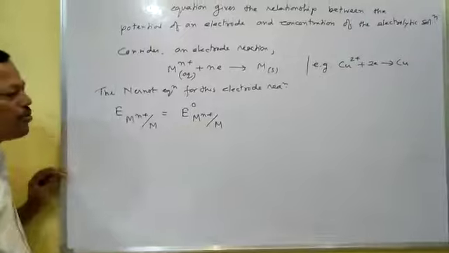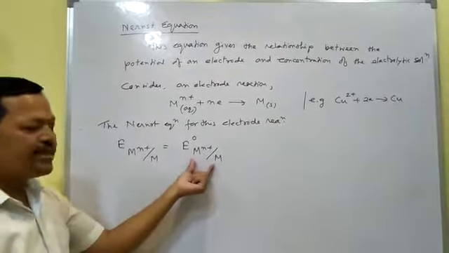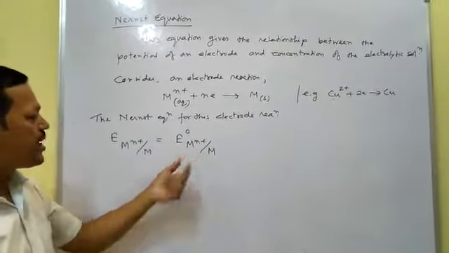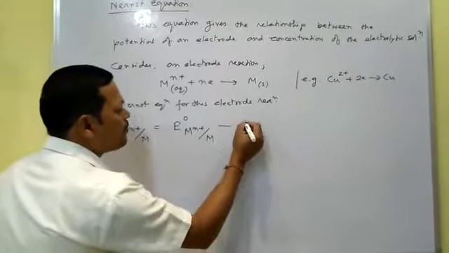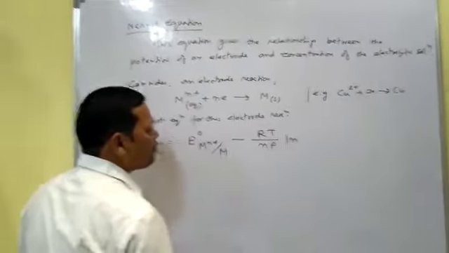E naught of Mn+/M means the standard potential of the electrode. This is the normal potential, the standard potential. As I have told you, the standard potential you will get in the book. So that is the standard value, minus RT by nF ln.